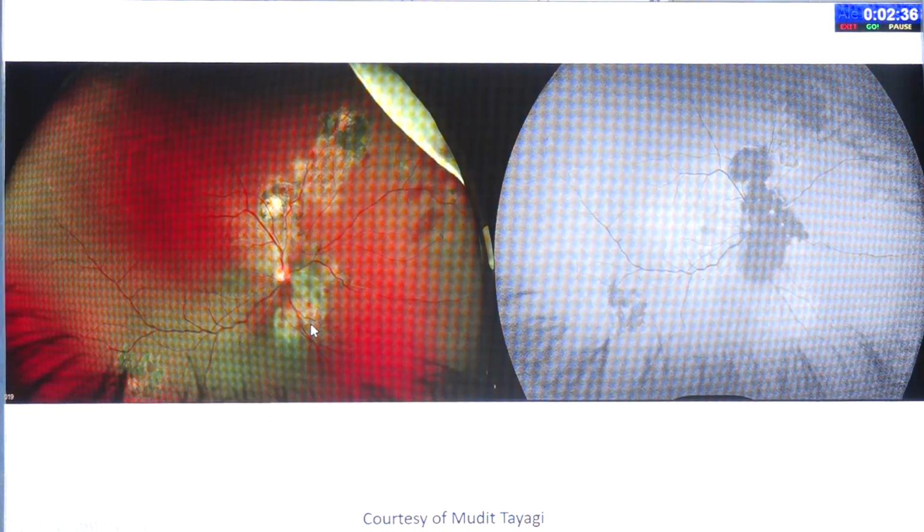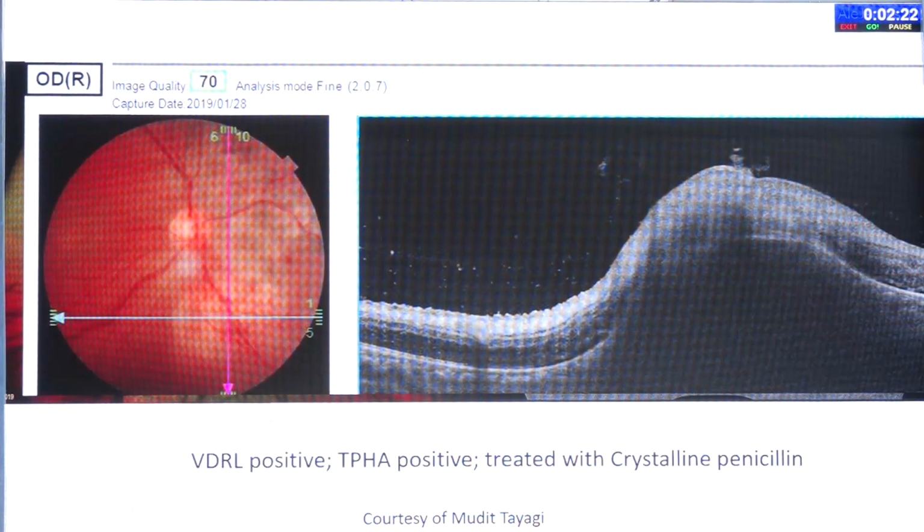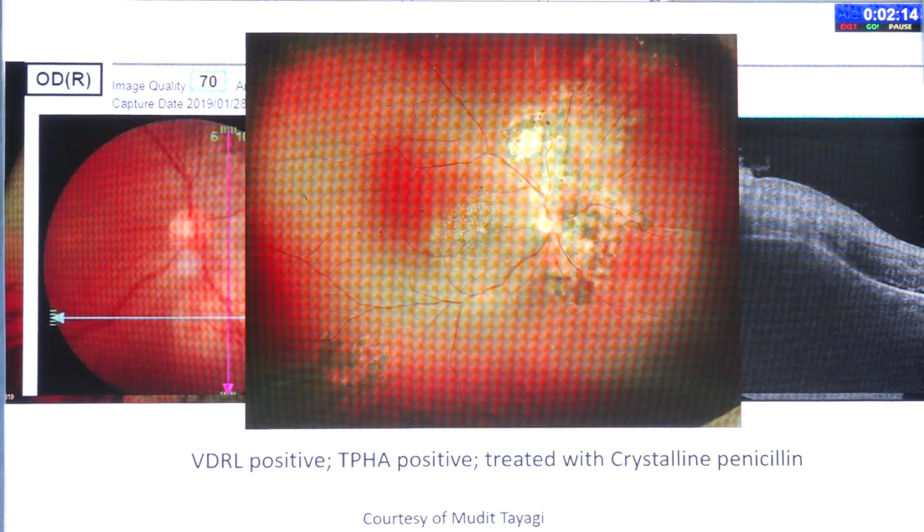In fact, if I see it the first time, my first thought is, could it be TB? But as you see, he has done a beautiful OCT through the lesion, which shows a choroidal mass there and vitreous cells, but the patient was positive for VDRL and TPHA. So he was treated with crystalline penicillin, and this is how the patient responded.